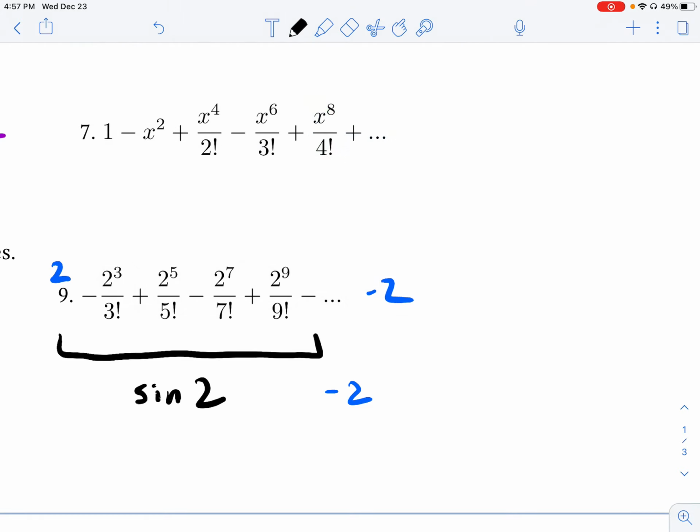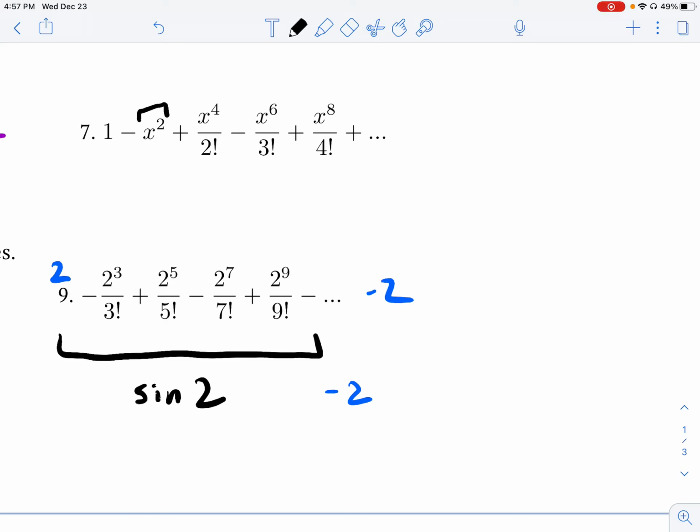And while I'm at it, why not? I mean, I've done all the other problems on this page. Might as well just quickly do number 7. This number 7 here, again, we're trying to look at this series and match it up with any elementary series that we do know. And it sure looks like it's the e to the x function, but we're evaluating e to the x at the following argument, negative x squared.